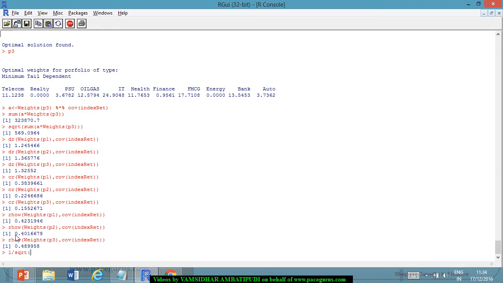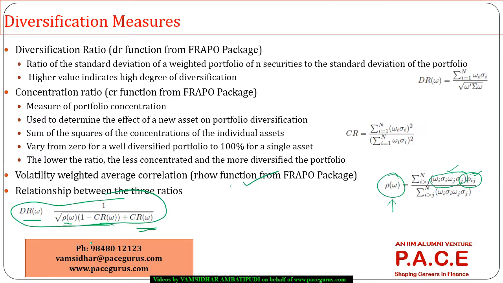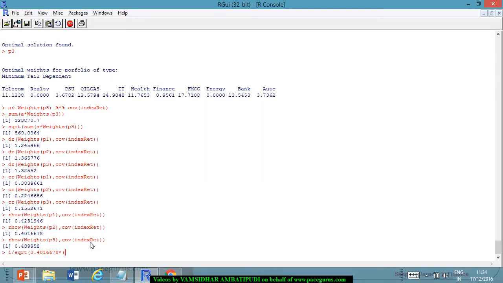This is the weighted average correlation multiplied by 1 minus concentration ratio, 1 minus concentration ratio for P2, and plus I am taking the concentration ratio itself. The concentration ratio of P2 is going to be this, and overall I am taking the square root of it.